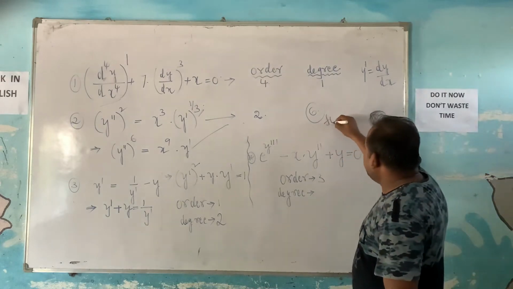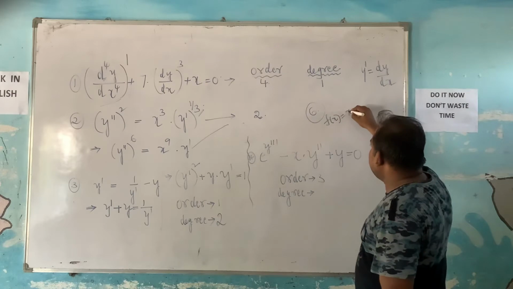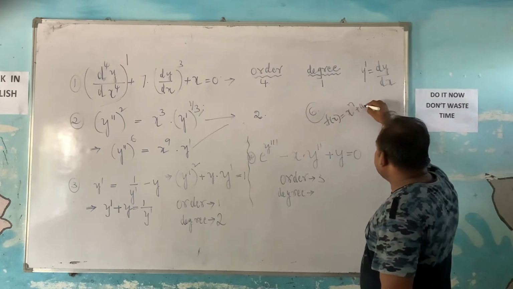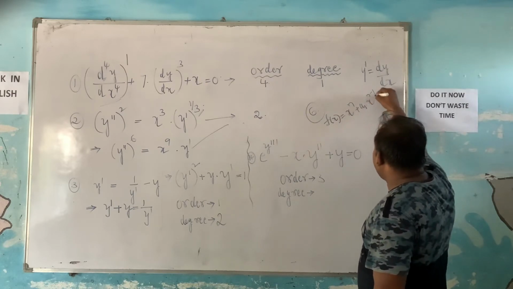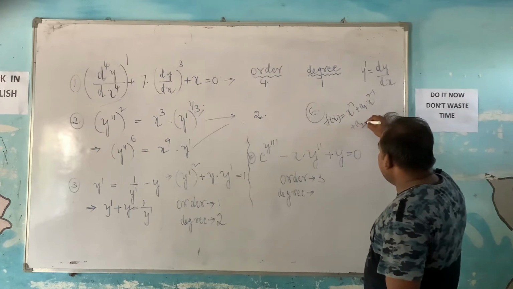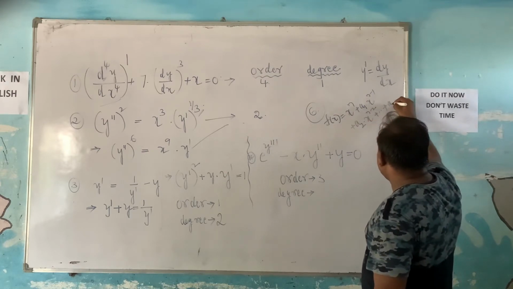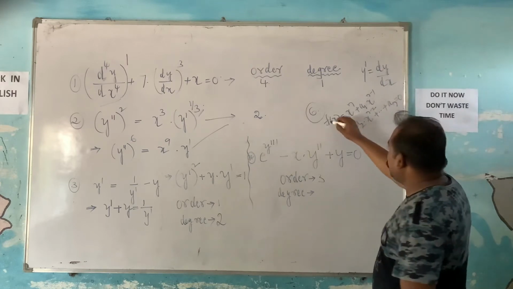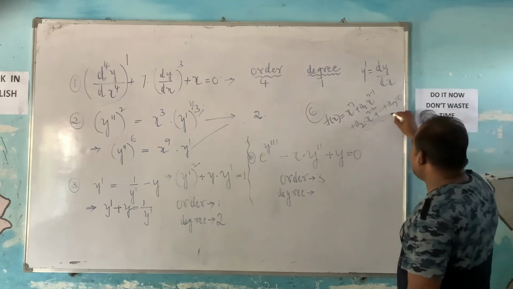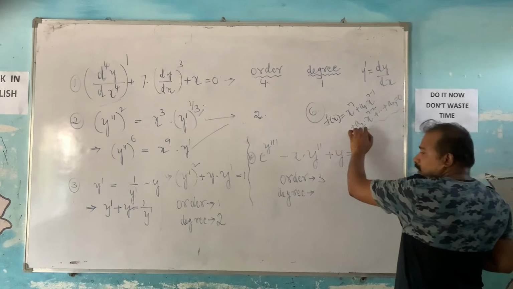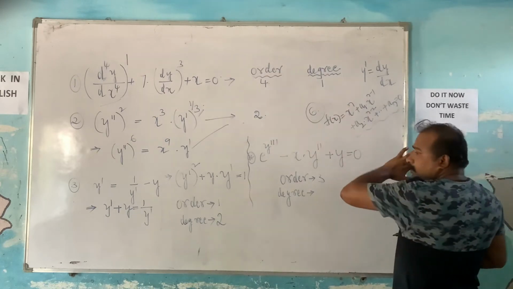It means f of x is equal to x power n plus a1 into x power n minus 1 plus a2 into x power n minus 2 plus, and so on, up to an, is equal to 0. This is known as the polynomial equation of nth degree.